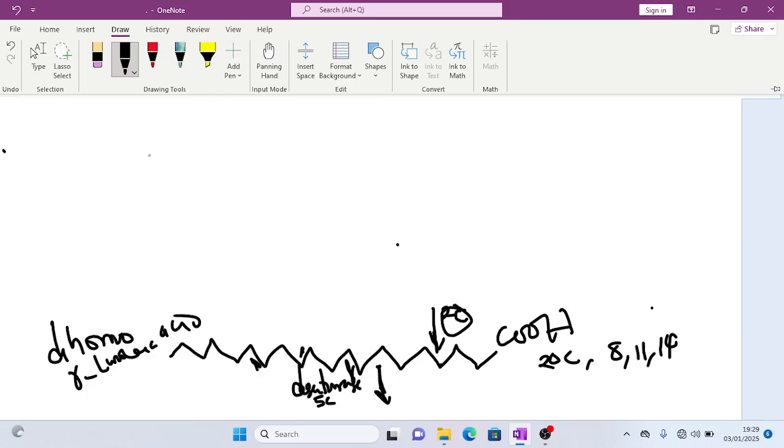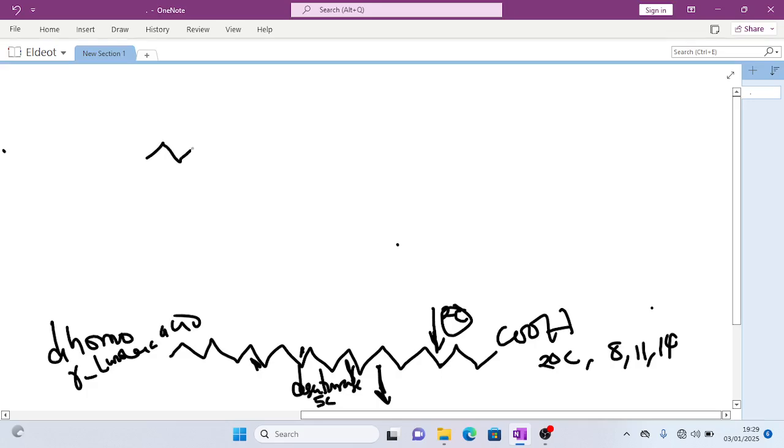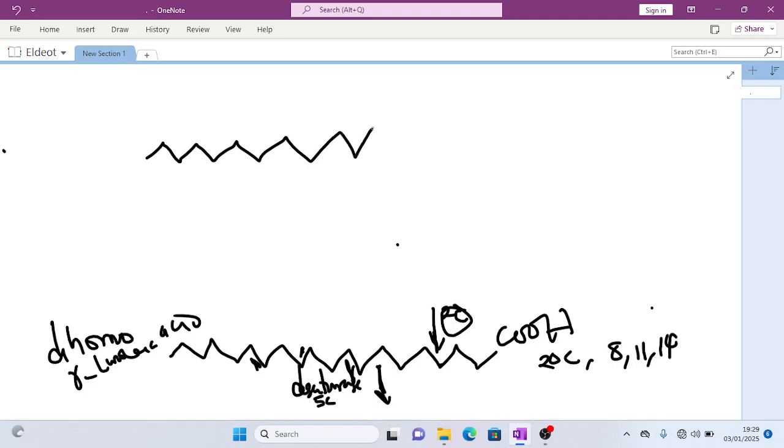So let's draw 20 carbons: 1, 2, 3, 4, 5, 6, 7, 8, 9, 10, 11, 12, 13, 14, 15, 16, 17, 18, 19, 20. So these are 20 carbon organic compounds.